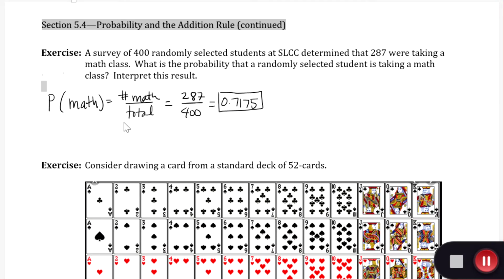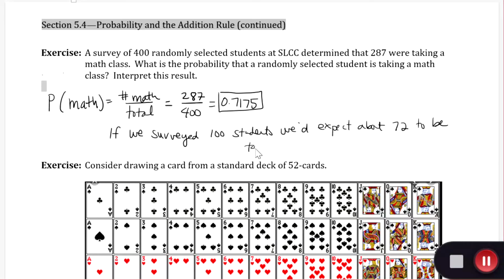So this means that if we surveyed 100 students, we'd expect about 72 to be taking math.